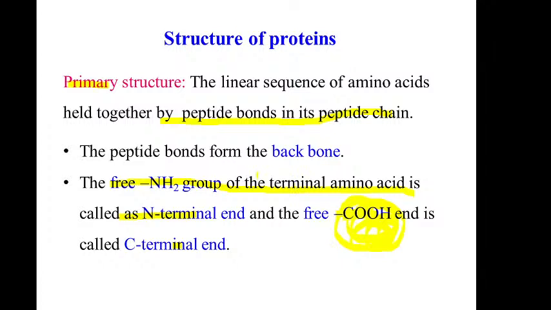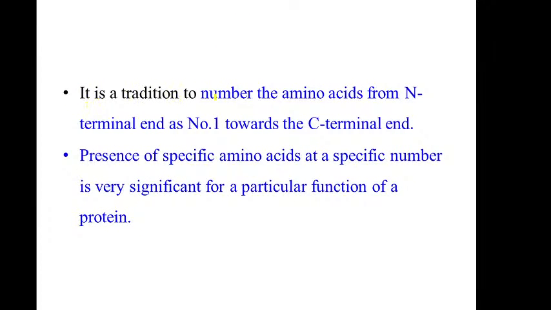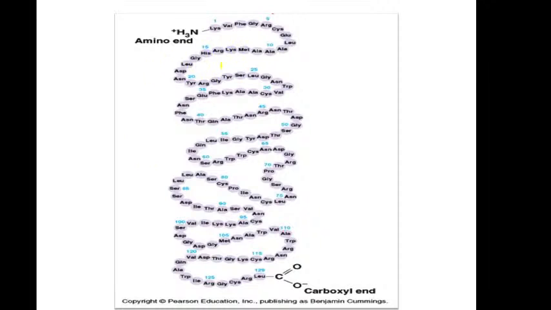So you have to keep this thing in mind. So it is a tradition to number the amino acids from the N-terminal end as number 1 towards the C-terminal end. The presence of a specific amino acid at a specific number is very significant for a particular function of a protein.